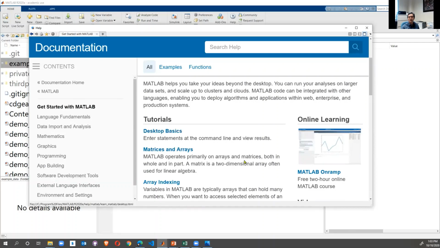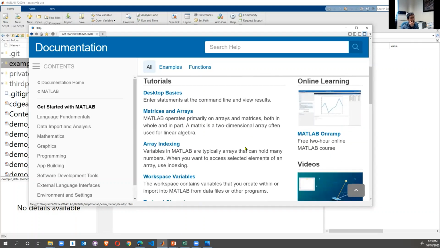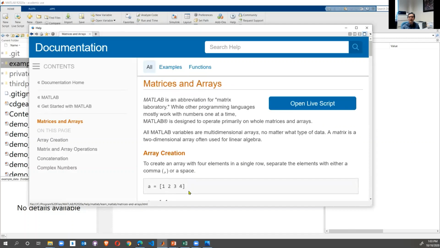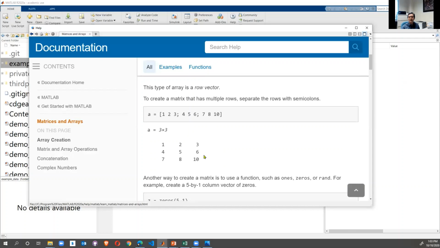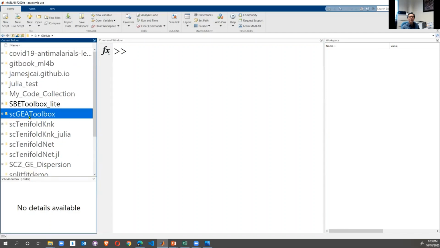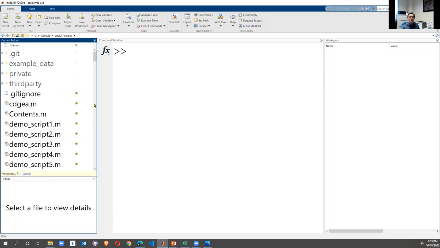I just showed you where the command line window is, there's a workspace variable window, and then you can look at the definition, how you are going to create an array, create a matrix in the language. So that's the basics.